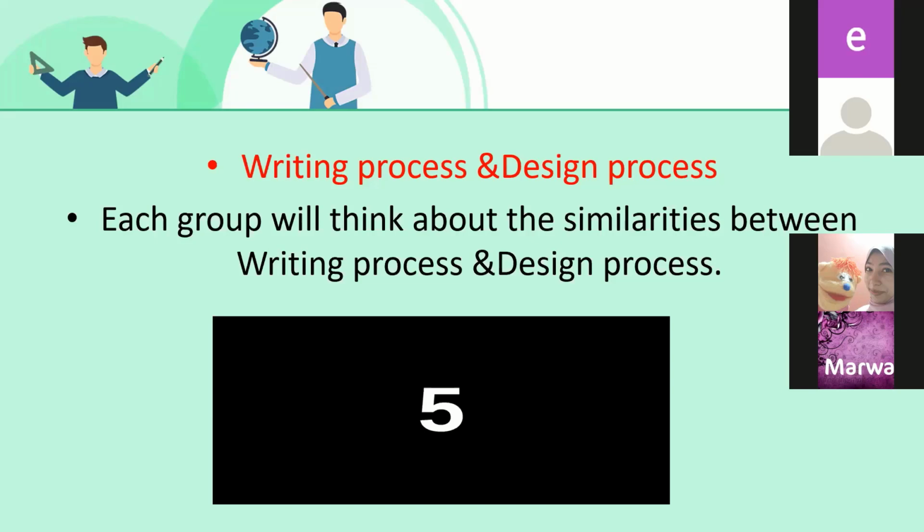I will break you into two rooms and ask you to think about the similarities between the writing process and the design process. Every group will take 3 minutes, and then a presenter of this group will present the similarities between the writing process and the design process.